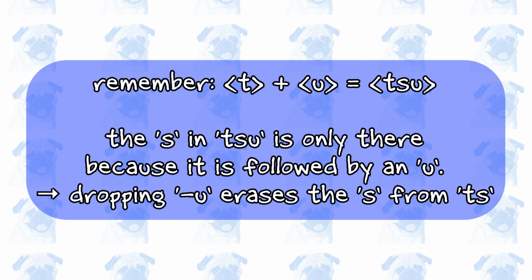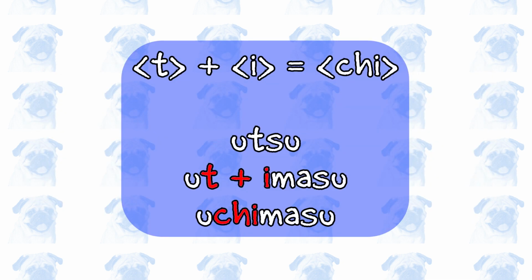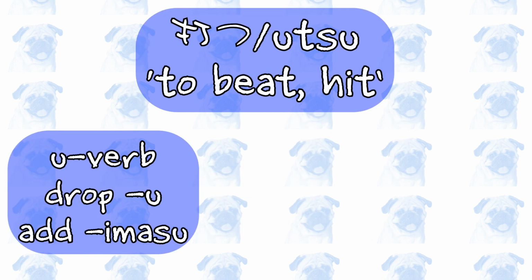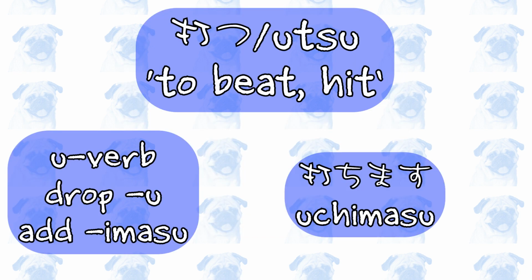Therefore, by removing u, you also get rid of the s. Then recall another phonological rule in Japanese. T plus i is chi, so the masu form of utsu is uchimasu, uchimasu.